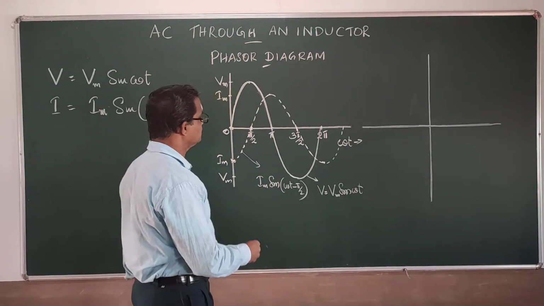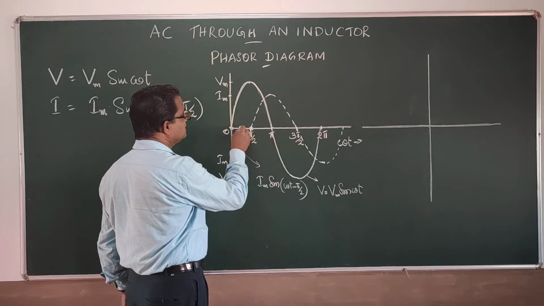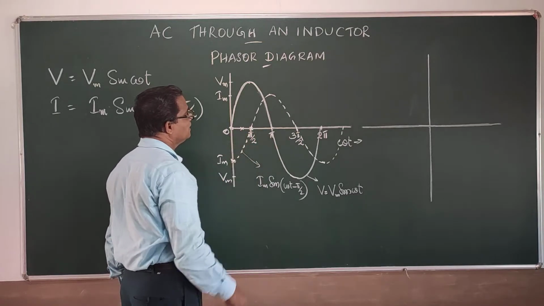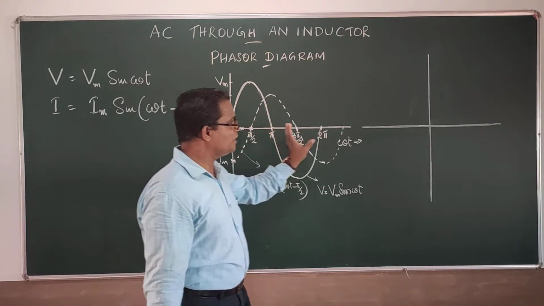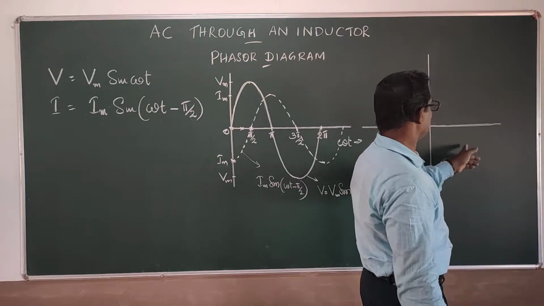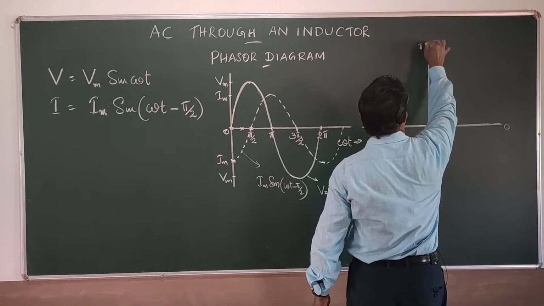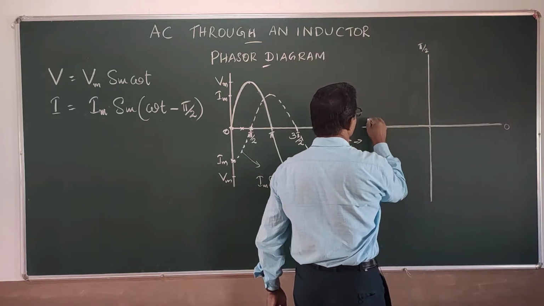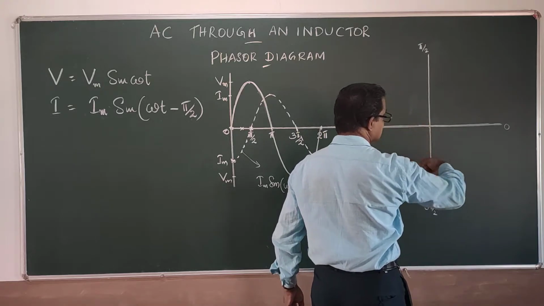And to draw that diagram, let me take the position omega t somewhere between 0 and pi by 2. So when it is between 0 and pi by 2, your quadrant will be the first quadrant. This is 0, this is pi by 2, and this is 2 pi by 2, and this is 3 pi by 2, like that it is going to be.